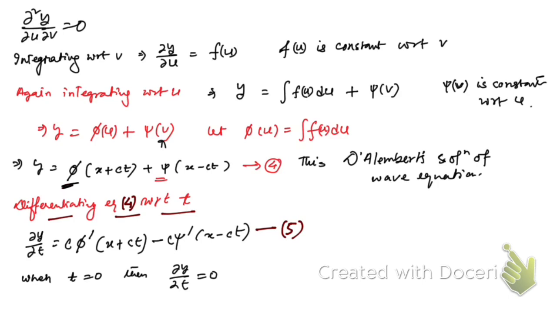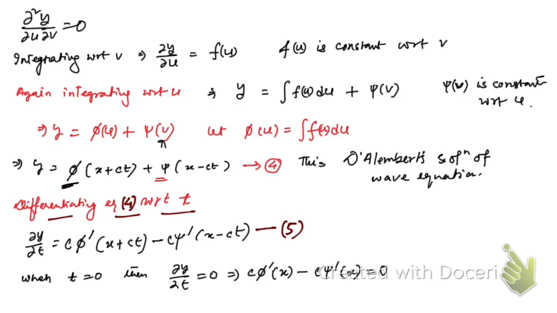So now at t is equal to 0, if you put t is equal to 0 here, then del y by del t becomes c phi dash of x, sorry, not plus, minus, that's supposed to be minus, then c psi dash, and this becomes 0 on putting t is equal to 0, so that's why this is equal to 0, right? So hope you have understood this.